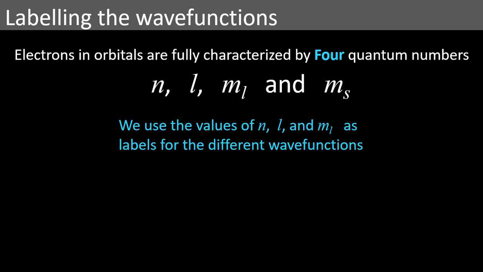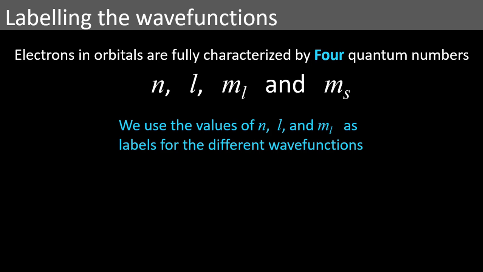The m subscript s quantum number relates to a property that is intrinsic to each electron, and we'll come back to this. The type of value that each quantum number is permitted to take is very limited. I will now take you through each of these, what values they can have, and what each one means.